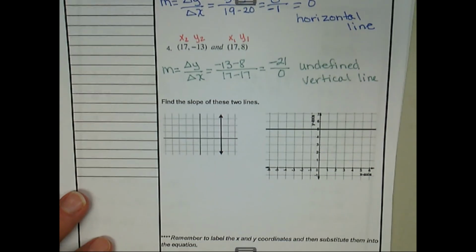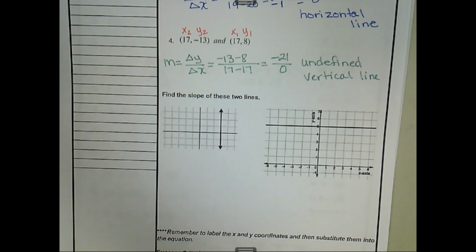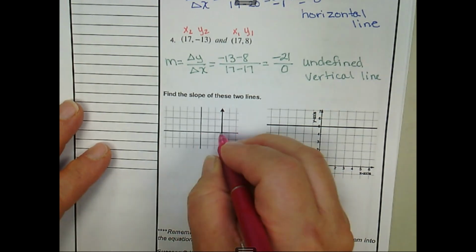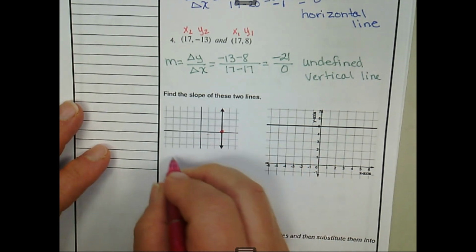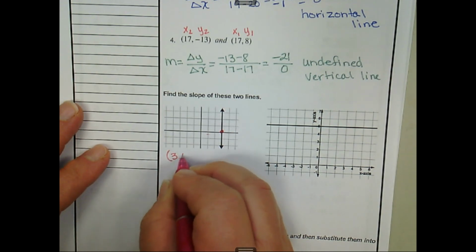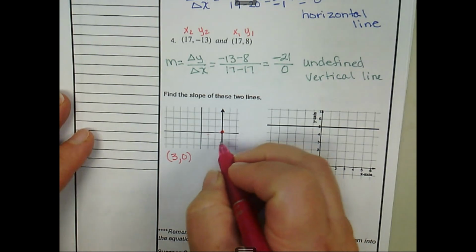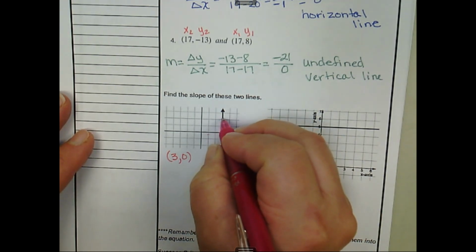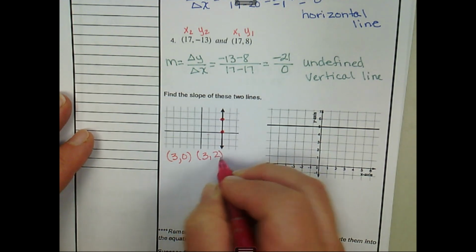Okay, on the next one, we're going to actually find the slope of these two lines, and then we're going to look at how to write the equation. Step 1, identify 2 points. So this would be 1, 2, 3, 0. I can pick any point on the line. It doesn't matter which one. So I'm going to pick this one here, and that would be 3, 2.